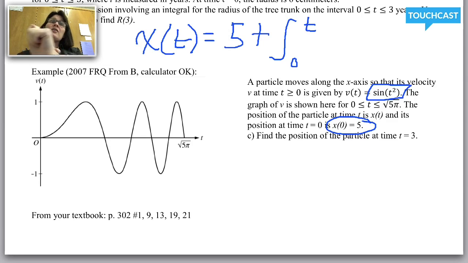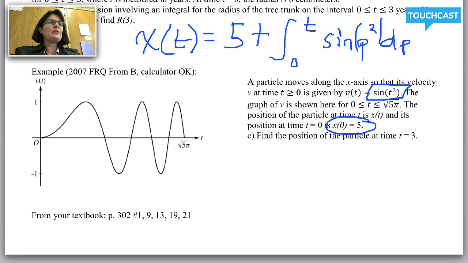I can pick any other letter I want. I'm going to use p. School spirit. Sine p squared. Do not forget your dp. I'm going to make sure that p squared goes in parentheses, although I don't know that it technically mattered there. Now I have an expression for x of t.